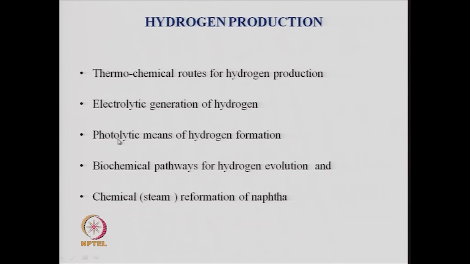So, you can have several methods by which you can produce hydrogen. The processes in which we are interested in this part of our course are the electrolytic generation of hydrogen or the photolytic generation of hydrogen. This is a photocatalytic process, a photoelectrochemical process by which you can generate hydrogen.